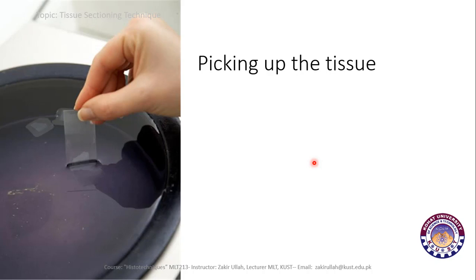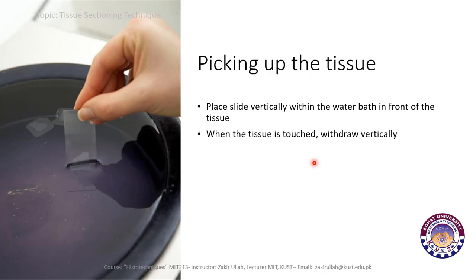Picking up the tissue: how will we pick up the tissue from this flotation chamber? Place slides vertically within the water bath in front of the tissue. Then when the tissue is touched, withdraw vertically. After that, this pickup process must be gentle and smooth.